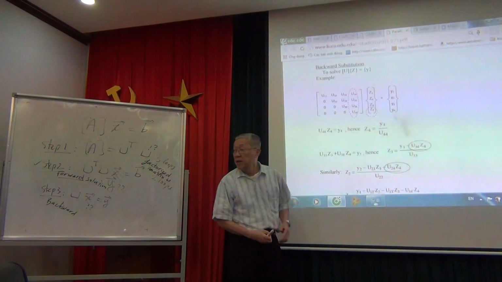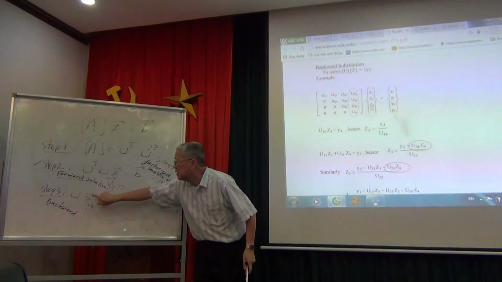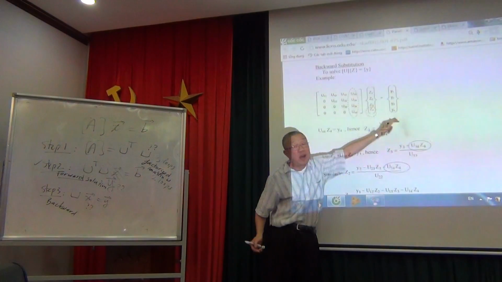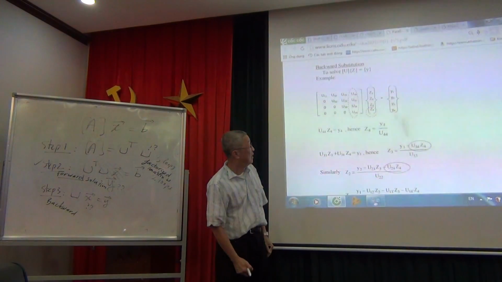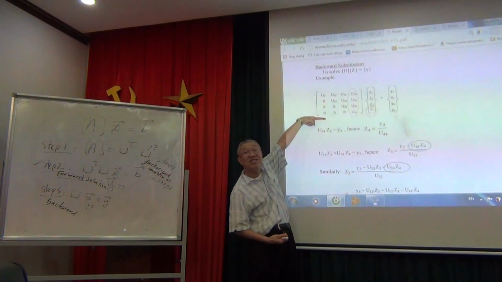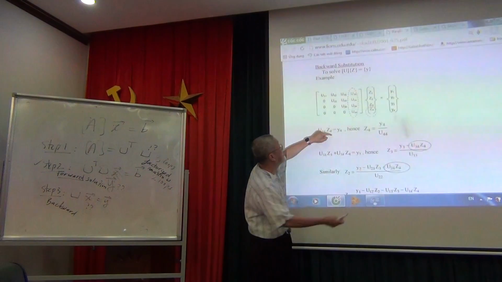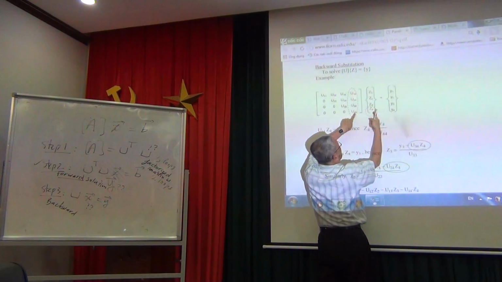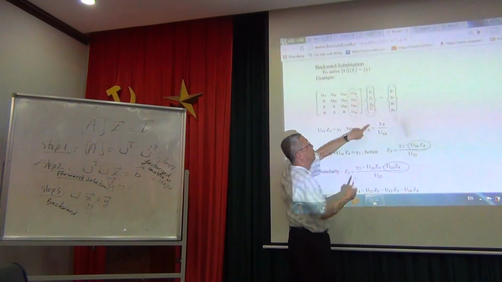Z is unknown, and then Y is here. Now for this one, of course, you have to look at the last equation. What does it say? 0 plus 0 plus 0 plus U44 Z4 equal to Y4.